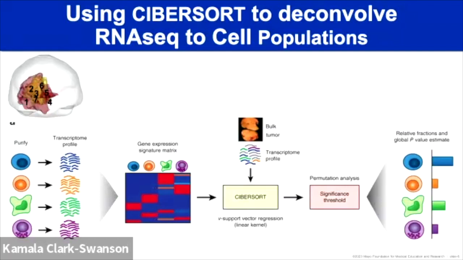And just real quickly, the general idea is that this whole algorithm is trained ahead of time with some single cell data, single cell RNA sequencing. Each of the cells has been tagged as a type of cell that you think is going to be in your sample, and then you get an idea of the transcriptome profile for that cell type.